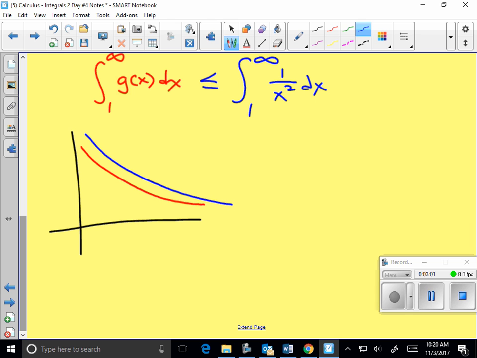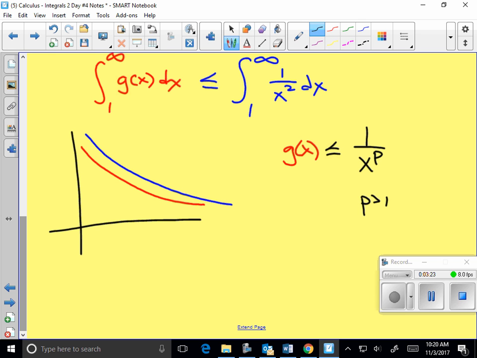You with me? So if I can show that g of x is less than or equal to some p series function where p is greater than 1, I can prove that the integral exists, that the area under that curve is convergent.